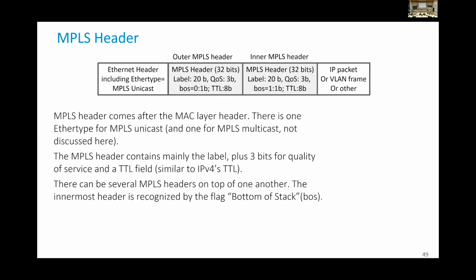In what I've explained, you expect to have only one MPLS header. But as we will see, we typically have 2 and often 3 MPLS labels. And I will explain why in a second. So this is used to know whether this is the last label. When the bit is 1, it means it's the last label, which means the next thing that comes is what you would normally expect after an Ethernet header.